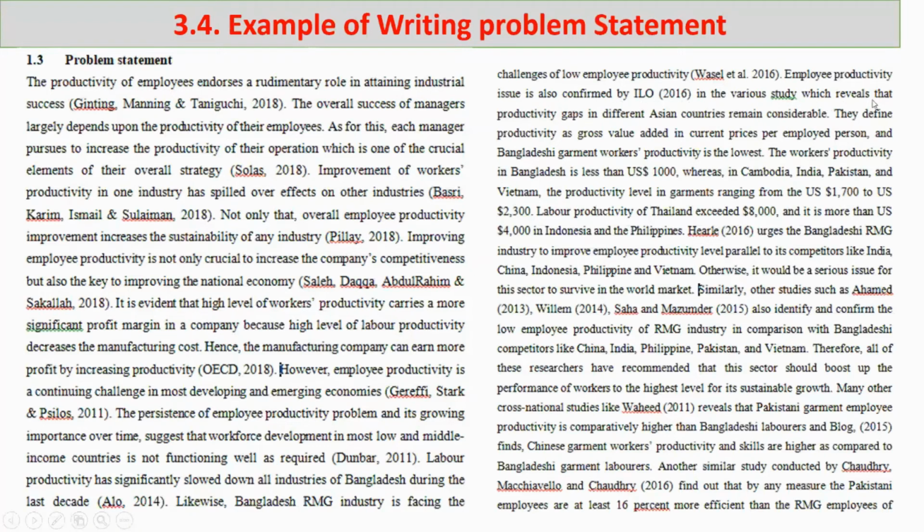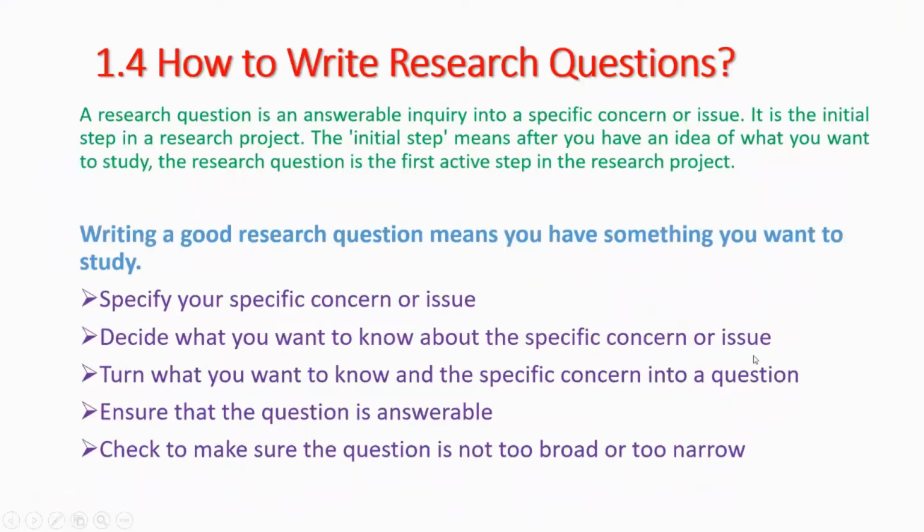Various studies reveal the productivity in different ages. Same thing is coming here. The defined productivity is gross value added. So we are talking about Bangladesh here. We talk about the first general idea of this, and now we come specifically to the Bangladesh garment industry. What is the problem? So this is how we write the problem statement.